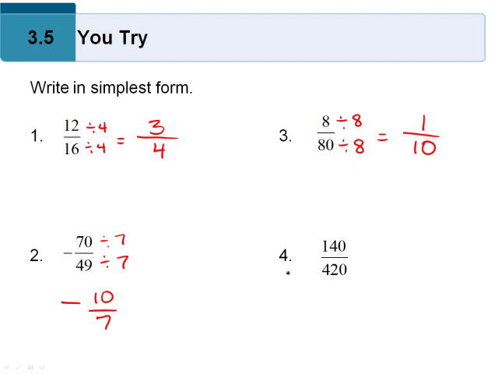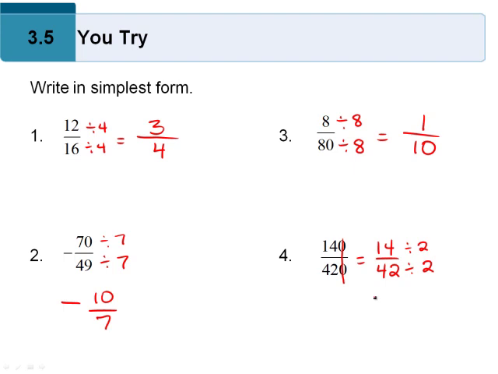And number 4, we've got a set of zeros that we can cancel at the end. Just knock those off. So we've got 14 over 42. And let's see. I would probably see 2. That's just an easy go-to. If they're both even, you can always use 2. That always works.